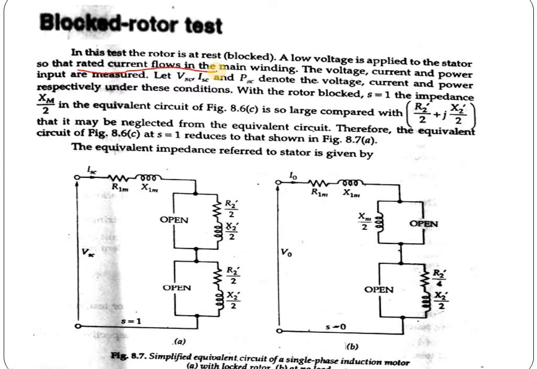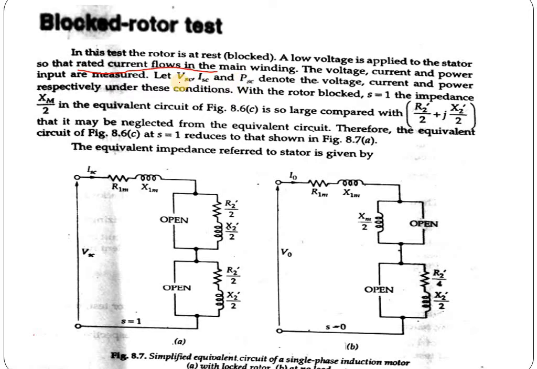The voltage, current and power inputs are measured by using a voltmeter, ammeter and wattmeter. Let VSC, ISC and PSC denote the voltage, current and power respectively under this block rotor condition.